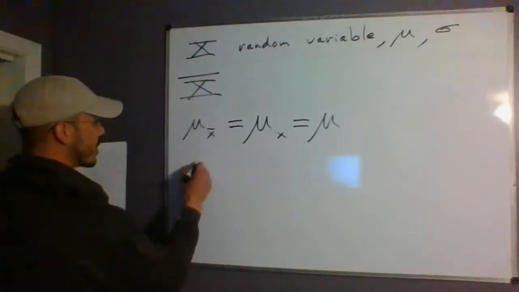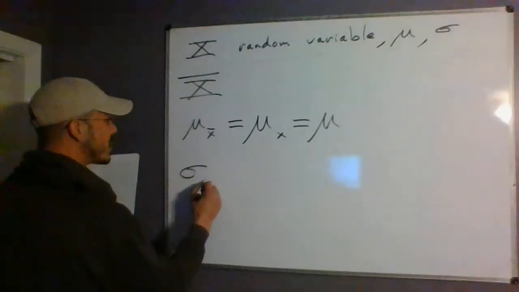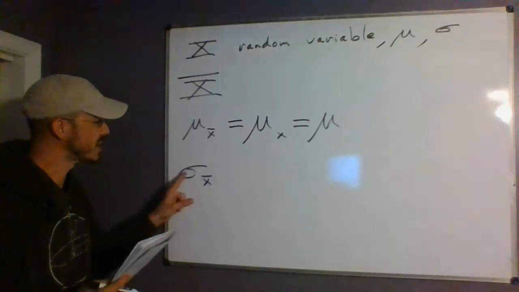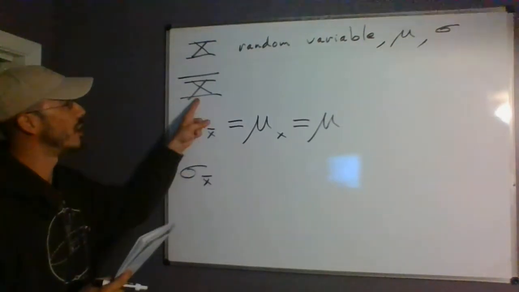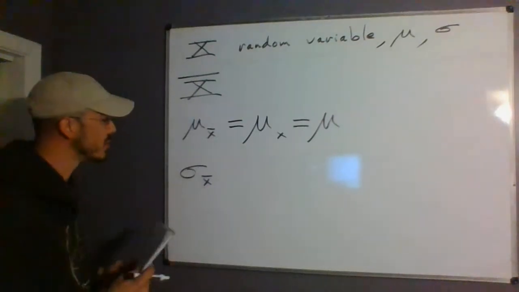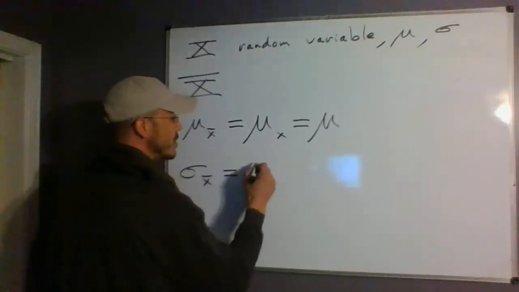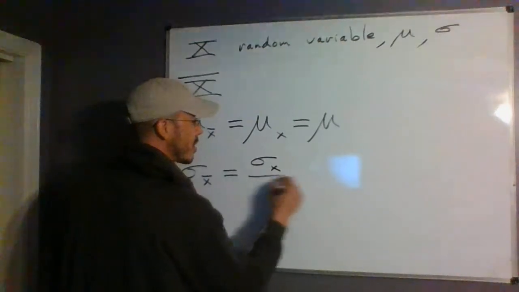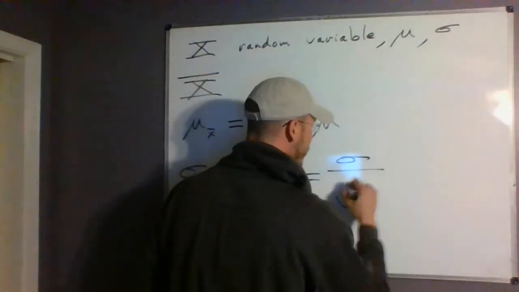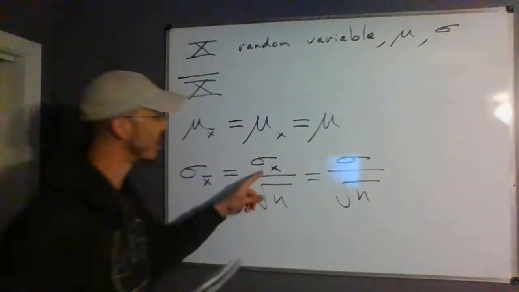Here's where it gets different. Sigma x bar, the standard deviation of the distribution of sample means. So it's got its own symbol, sigma x bar. That's equal to sigma x over the square root of n, or sigma over the square root of n. You don't need to call it sigma x.